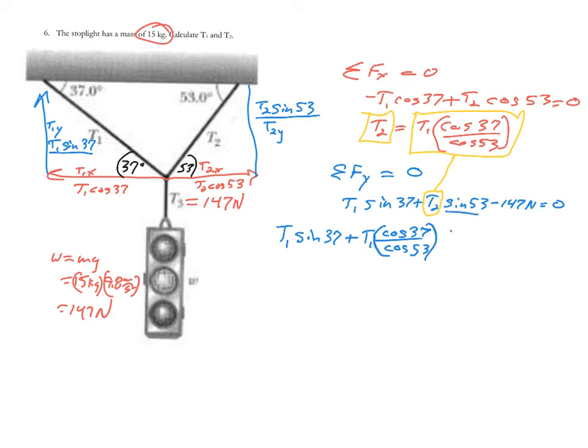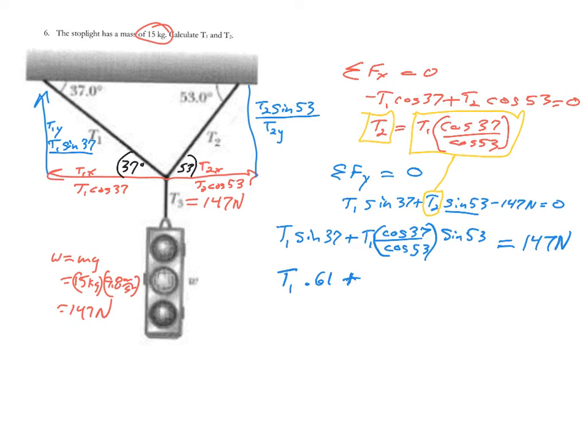Don't forget that sine of 53. I see a lot of students leaving that out. And then I'm going to move the 147 to the other side just for fun. So T1 sine of 37 is 0.61 plus, now here's where it gets interesting, and I do it in steps.